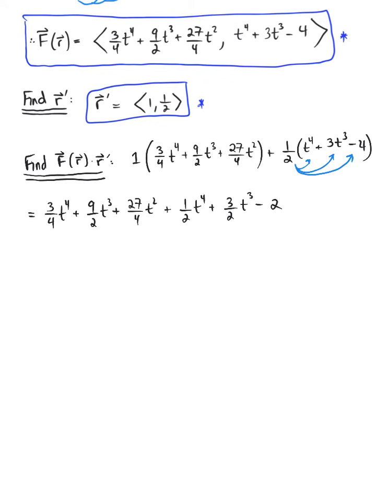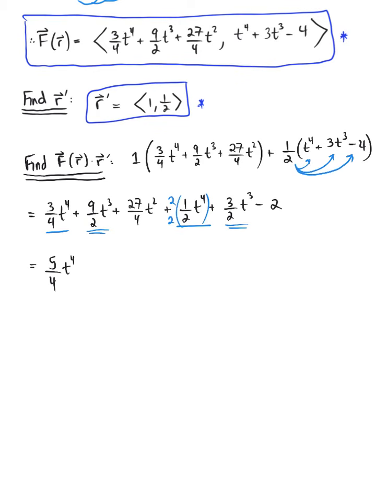And we've got some like terms that we can combine here. We have 3/4 t to the 4th plus 1/2 t to the 4th. So we'll think about getting a common denominator here. So that's going to leave us with 5/4 t to the 4th. Let's see, what else do we have? We have 9 halves t cubed plus 3 halves t cubed.